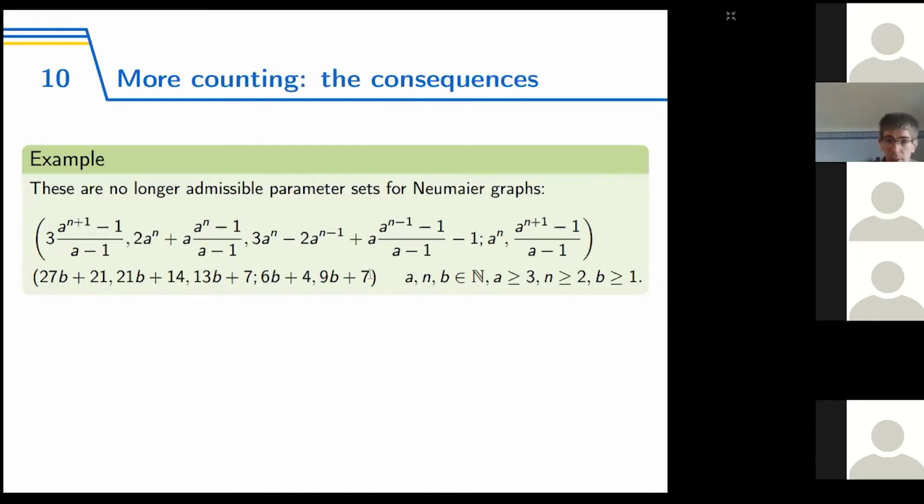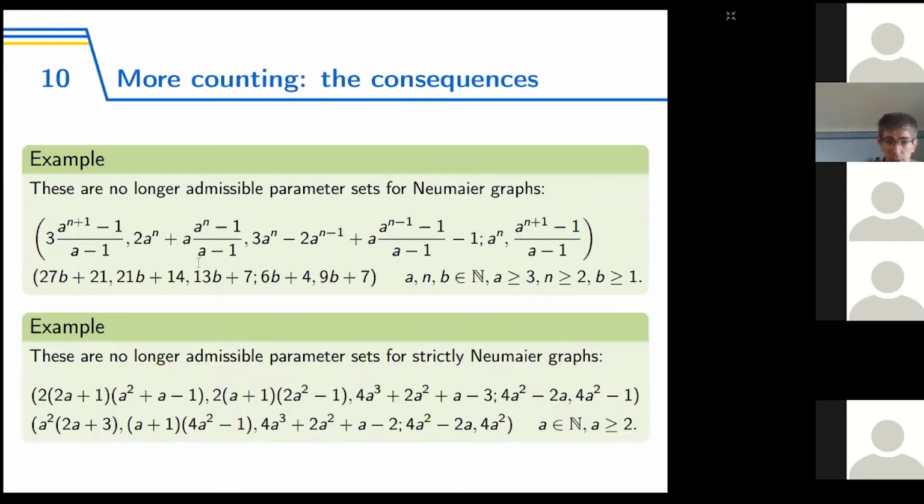Same thing here for this infinite family of admissible parameter sets. And for strictly Neumaier graphs, I can also give you 2 infinite families of parameter sets which admit the 7 conditions we knew before, but do not admit the condition that we just proved.